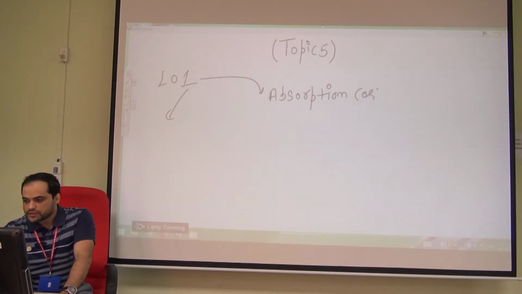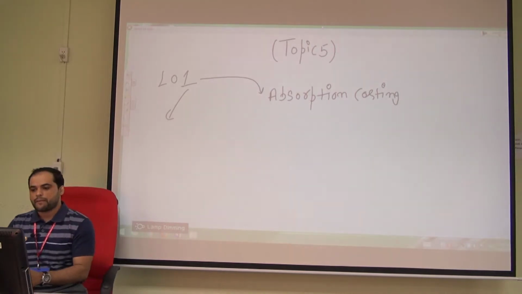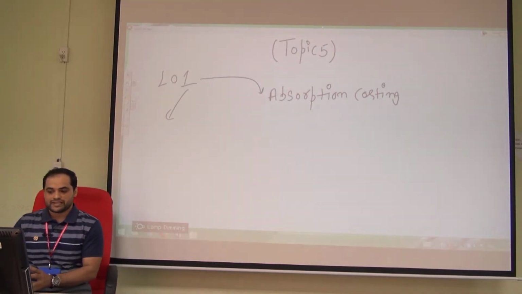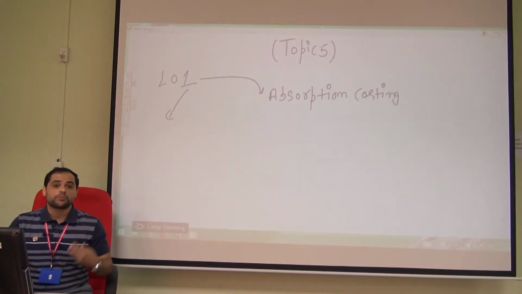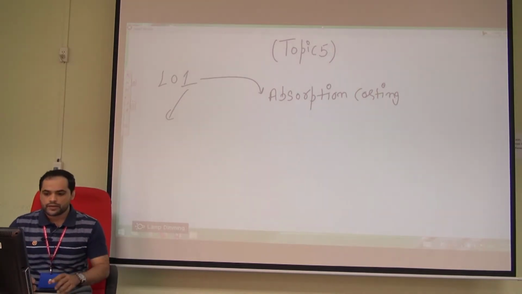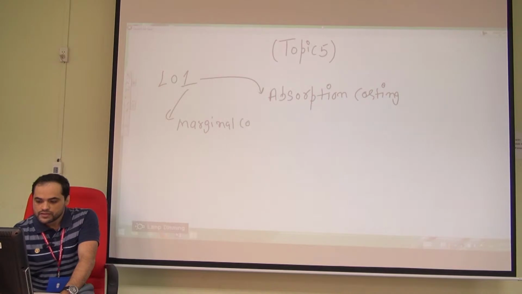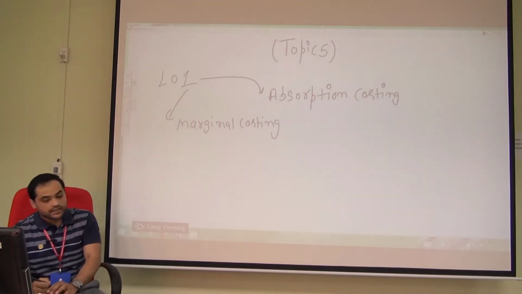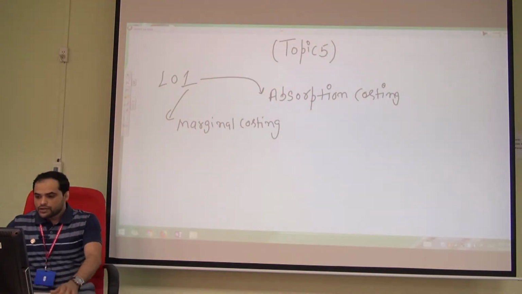You know that absorption costing is a very common method that most companies apply in order to estimate the profit. And this method we also use to prepare our income statement, right? And the second one is marginal costing. Absorption costing and marginal costing, right?